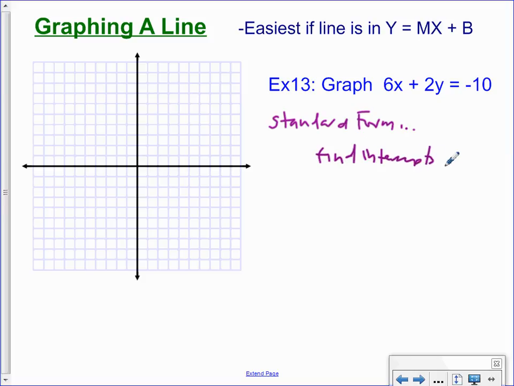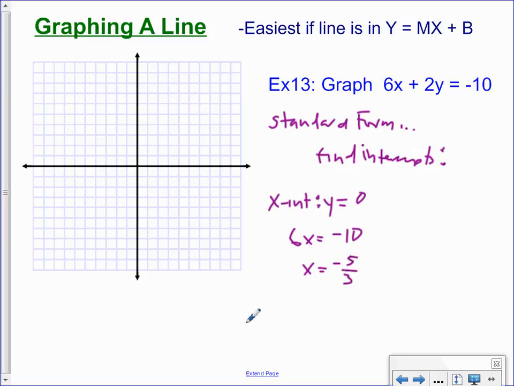For the x-intercept, we know that y is equal to 0. So the y is cut out. 6x is equal to negative 10. So x is equal to negative 5/3.